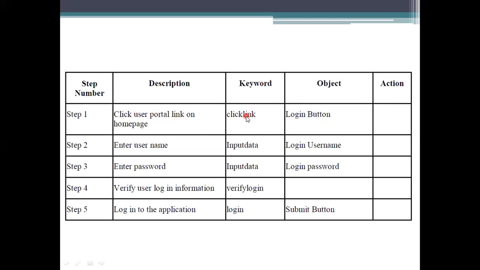So whenever I place the arrow on that link, it has to display that keyword, means what work I have to do on it has to be specified.